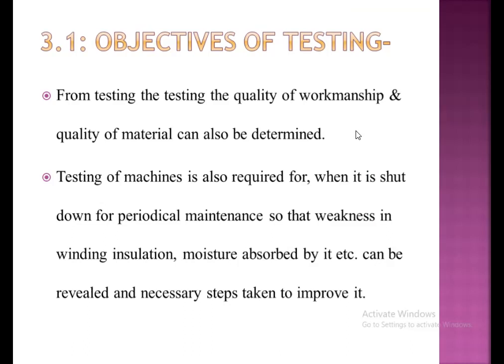So periodical maintenance is very necessary, and it can be done by testing. To check the performance of the machine, testing is necessary. Before installing the machine, you have to check its performance. Is that machine working properly or not? Then and only then can you reuse that machine after the periodical maintenance.